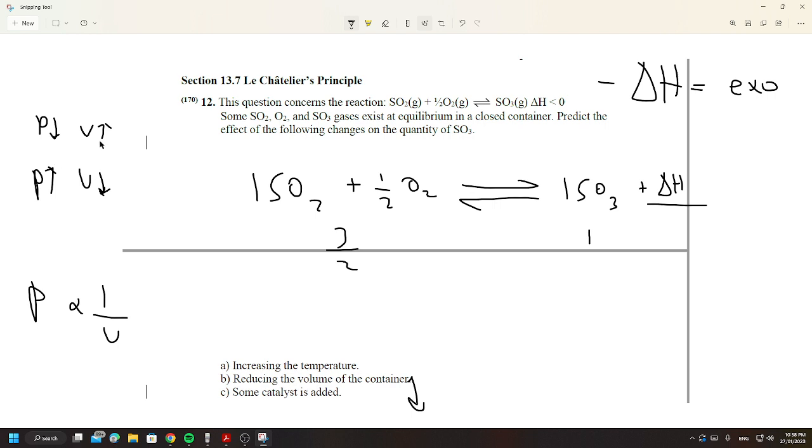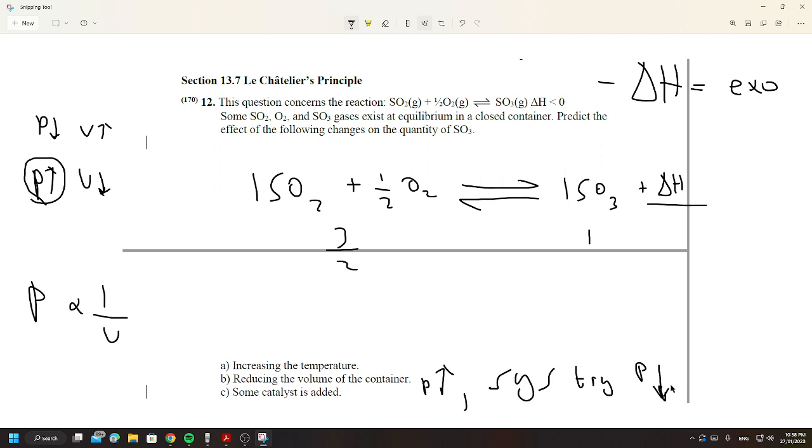Therefore, the pressure was increased, right? The system will try to decrease the pressure. So here in this case, the pressure was increased. Therefore, the system will try to reduce the pressure.